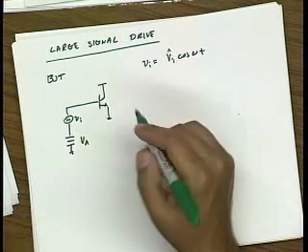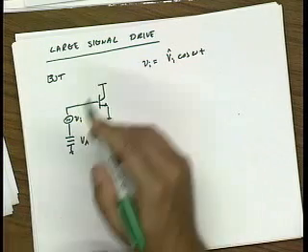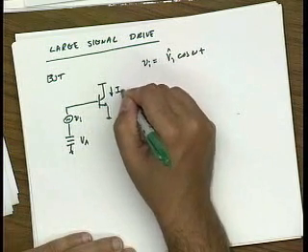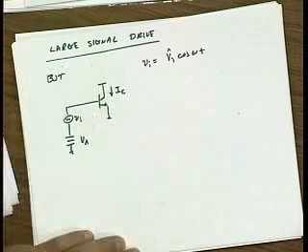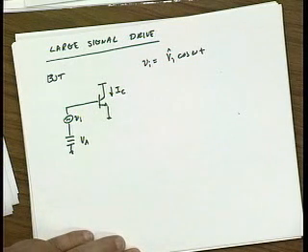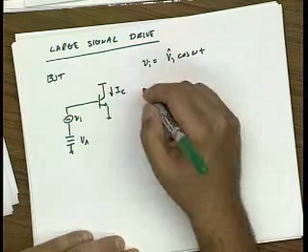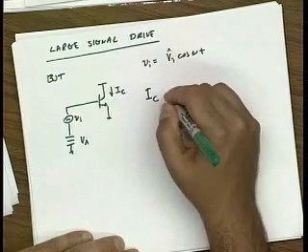Let's see if we can analyze what the collector current does as we make this signal larger and larger. Let me make sure the distinction between large signal and small signal is clear. Any questions about that? Good. I think it'll become clearer as we go through this example.